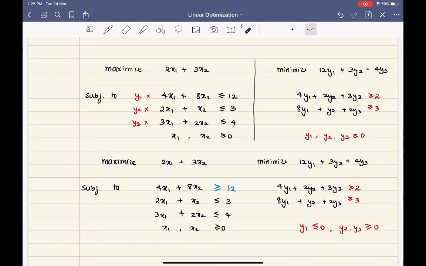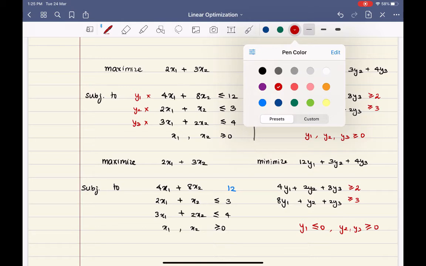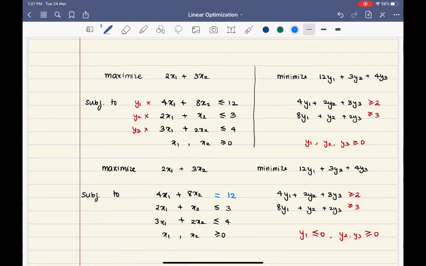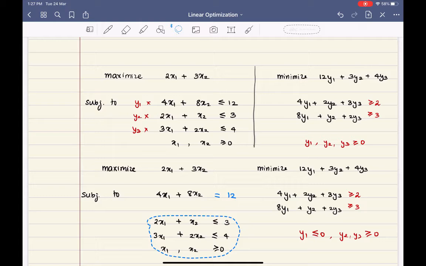Okay, now what if this one is equal to? Now we have to rewrite this into less than or equal to and bigger than or equal to.